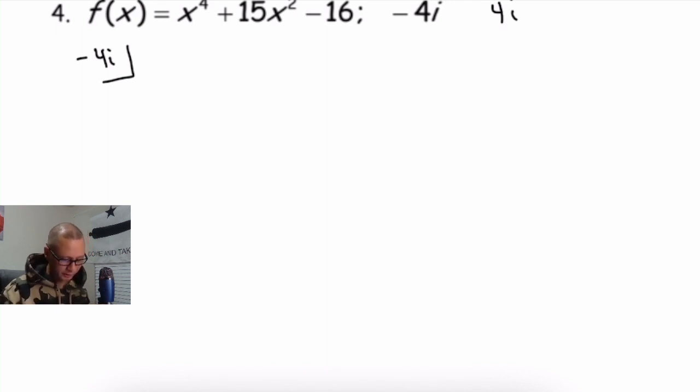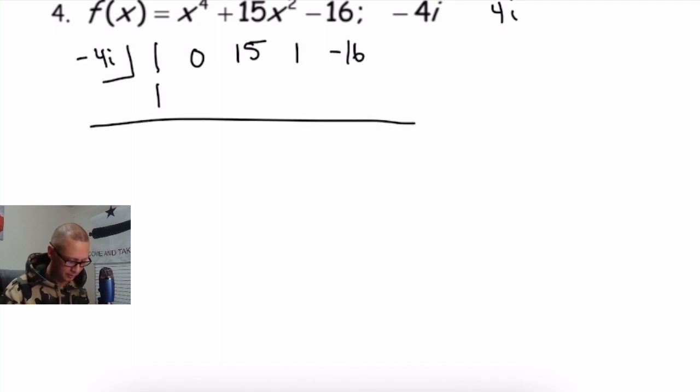Notice, first thing I check for is is it in descending order. We're missing an x cubed and we're missing an x. So the coefficients are going to go 1, 0, 15, 1, -16.